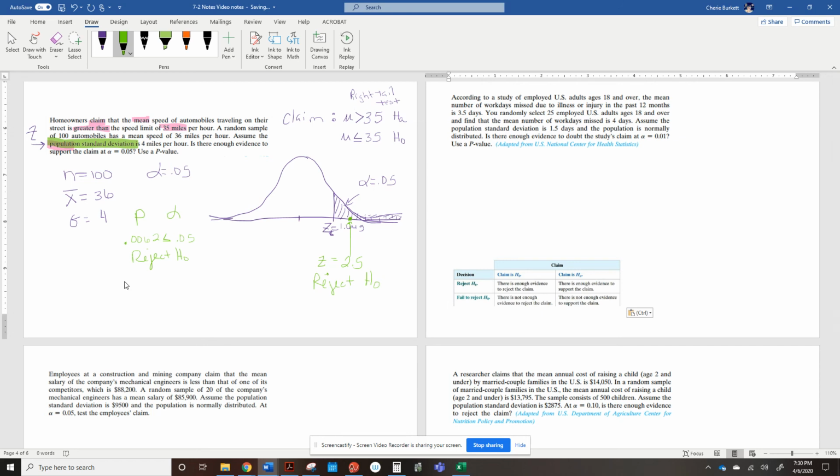So you're going to write this fill in the blank sentence. How does it go? There is enough evidence at the 5% significance level to support the claim that cars go more than 35 miles per hour.